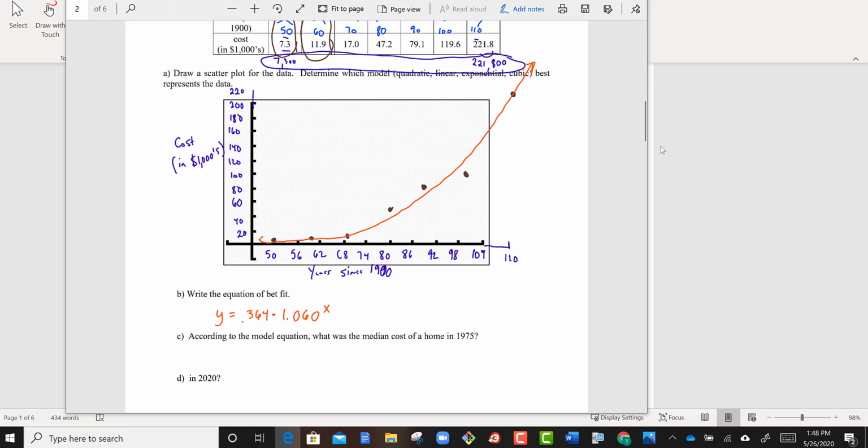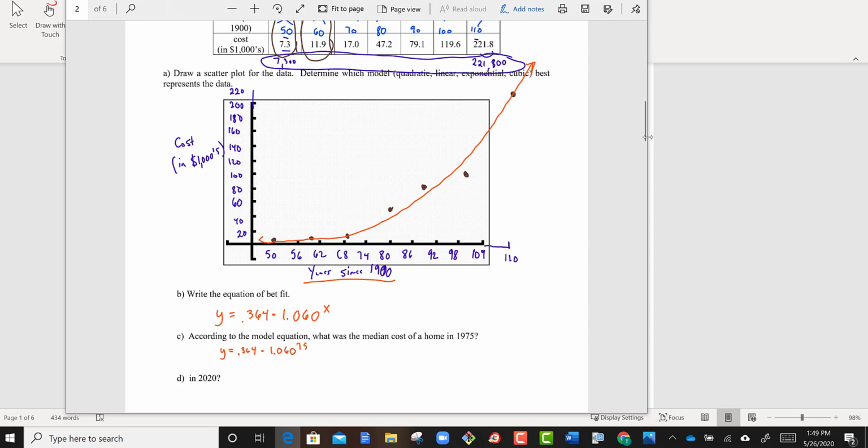So now what we can do, it says according to the model equation, what was the median home cost in 1975? So since our x variables were the years, we can just substitute 75 in for x.